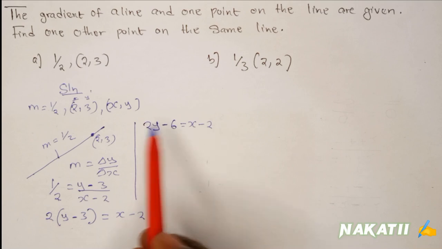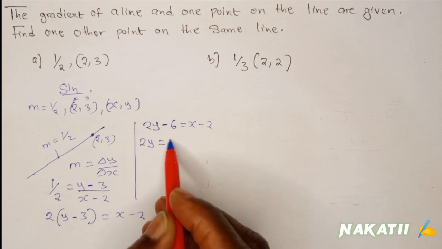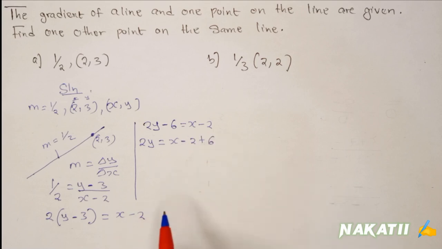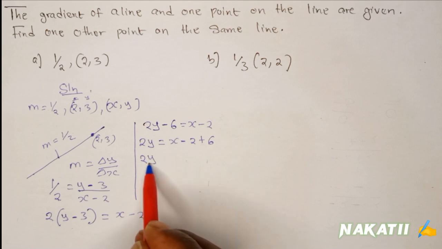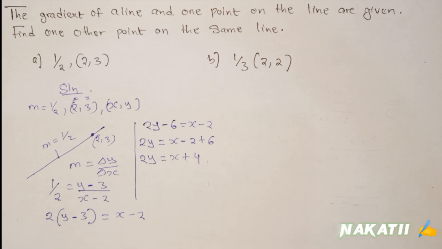Therefore, if you rearrange, you will have 2y is equal to x minus 2 plus 6. So finally, our equation will be 2y is equal to x plus 4. That is the equation of this line.